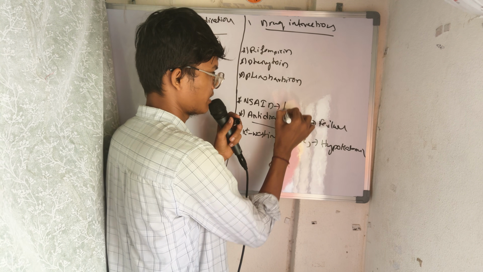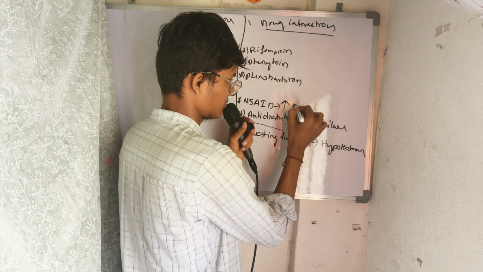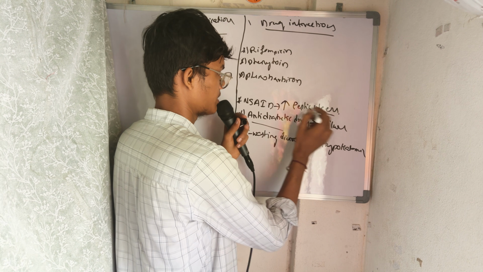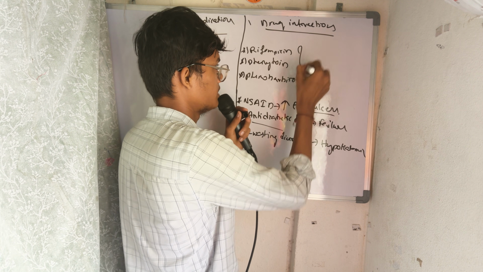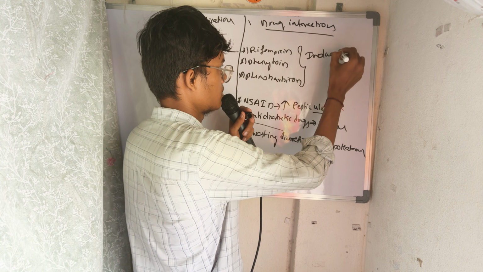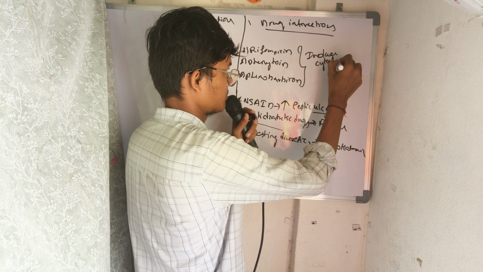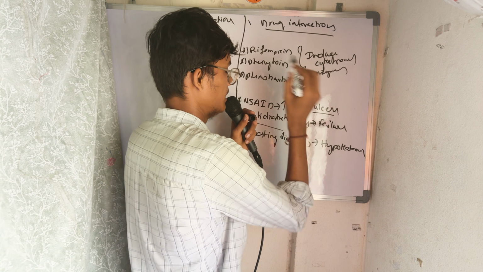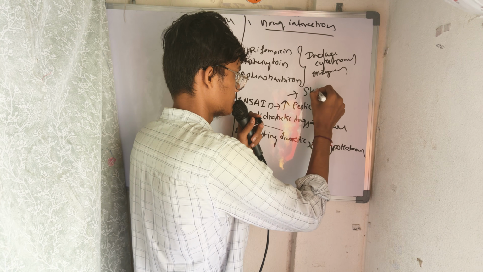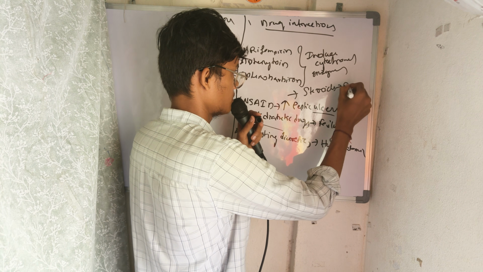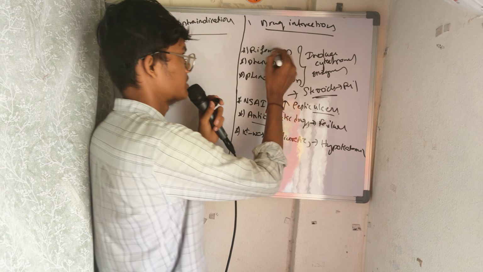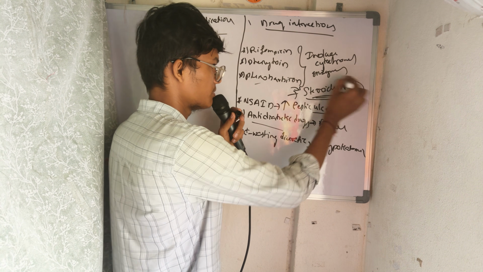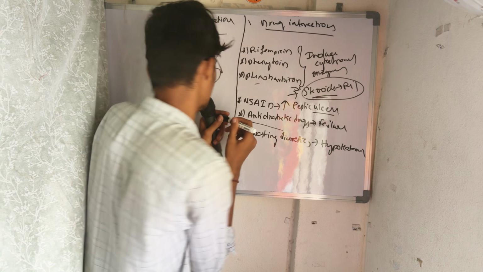Okay, in NSAIDs, there might be increased risk of peptic ulcers. And rifampicin, phenytoin and phenobarbital induce cytochrome enzymes and lead to failure of steroids. These drugs will induce the metabolism of the steroids and the effect of steroids will be decreased.